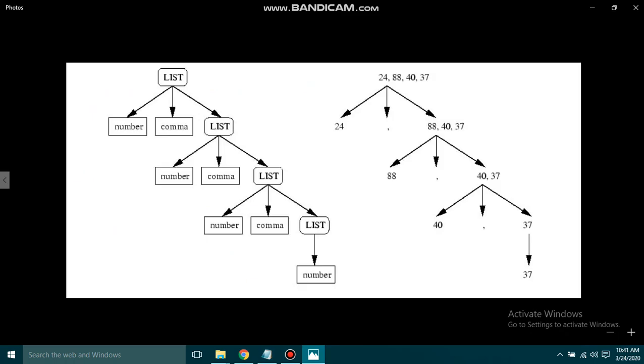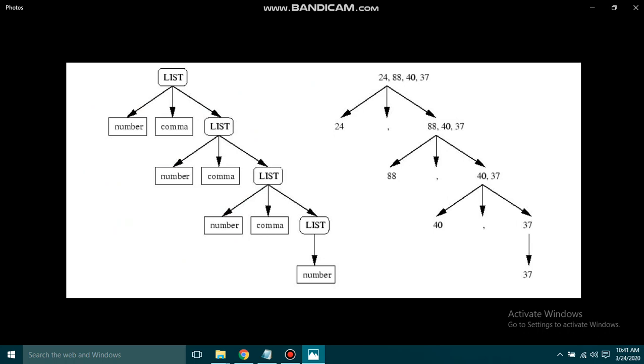Take a look at this diagram. This is a recursive diagram of the same problem, where the list is divided as a number comma list, and this is called a recursion tree for a recursion problem.